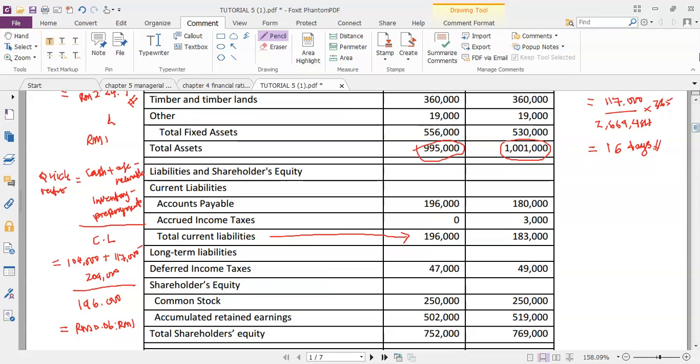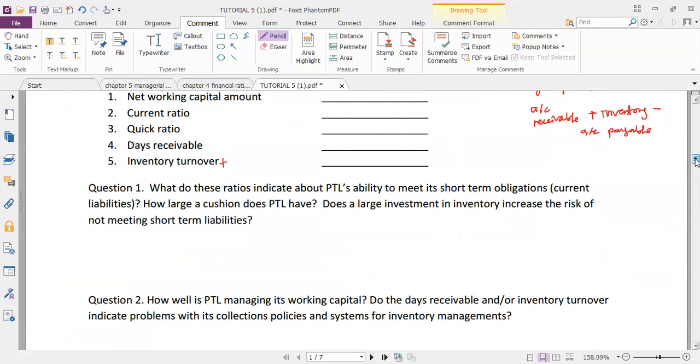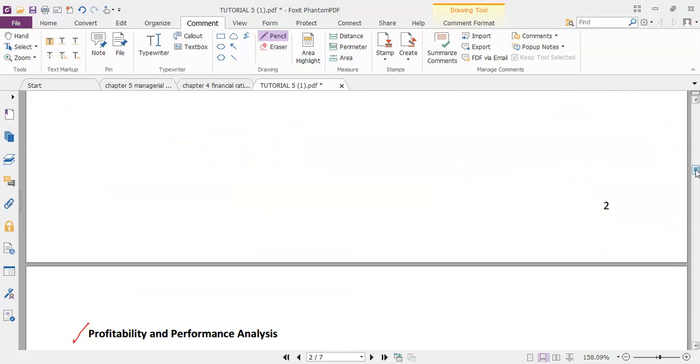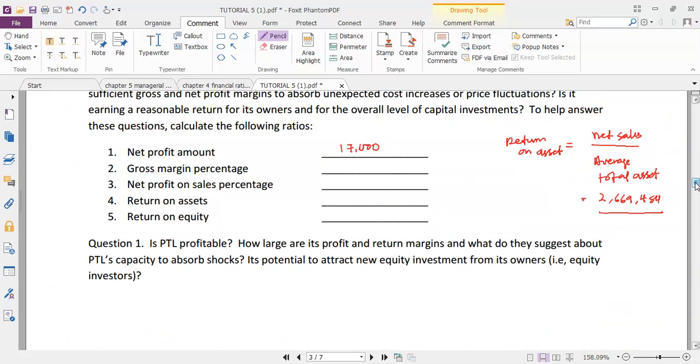So you will get 99... How much is your answer for average asset? 990. Okay. So you can calculate 2,669,484 divided with 990,000.